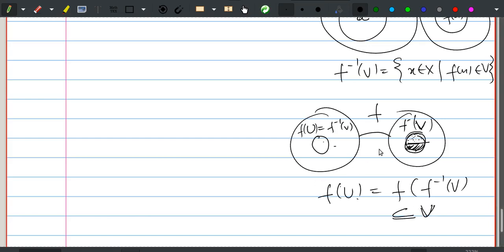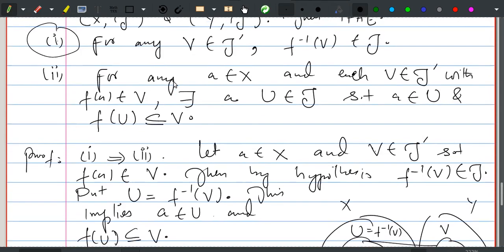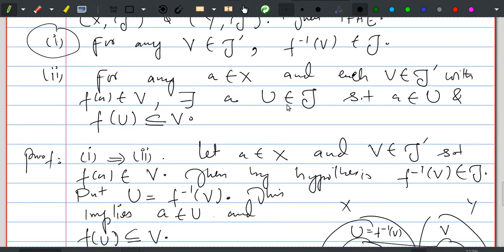In case f is surjective, then this inclusion is actually the equality. So this implies A is in U and f of U is contained in f of V. So this containment may not be proper. So that is what we wish to prove.